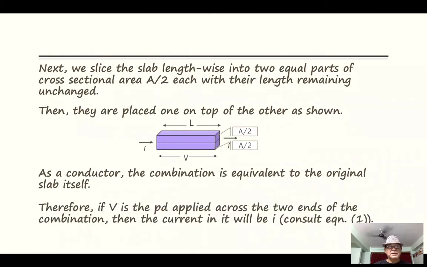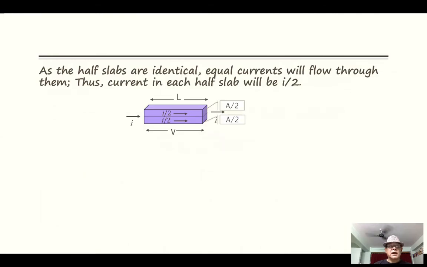Therefore, if V is the PD, that is potential difference, applied across the two ends of the combination, then the current in it will be I. Consult equation 1. As the half slabs are identical, equal currents will flow through them. Thus, current in each half slab will be I by 2.